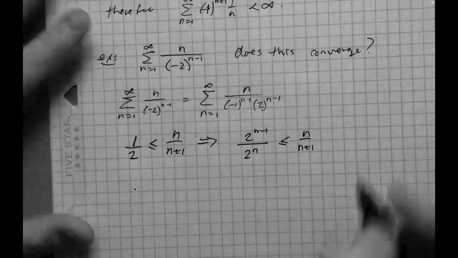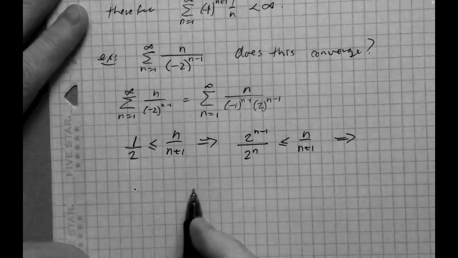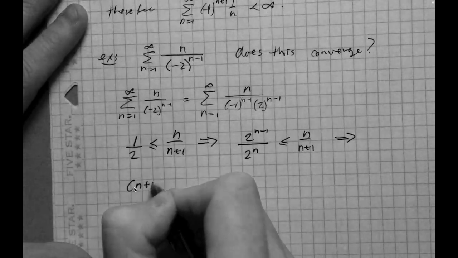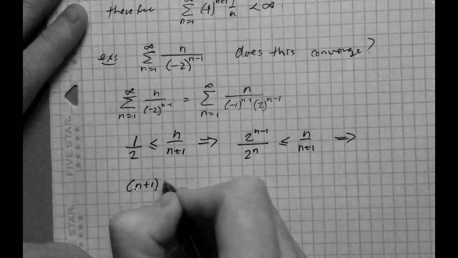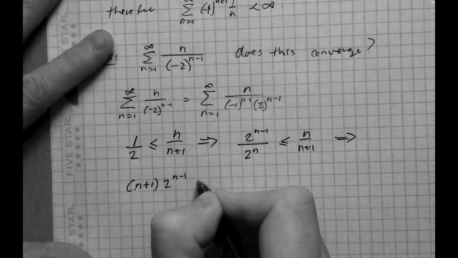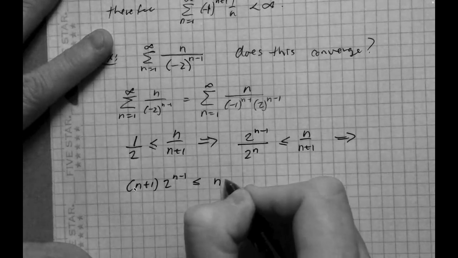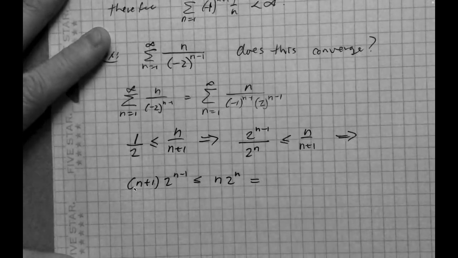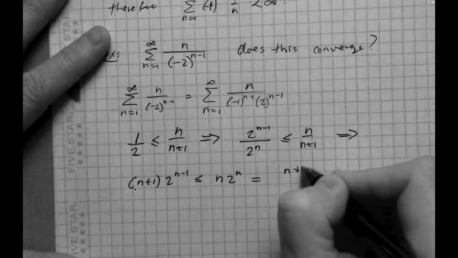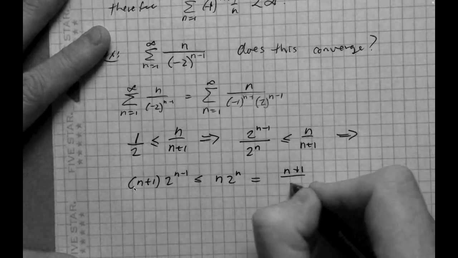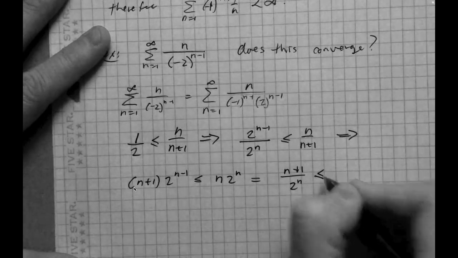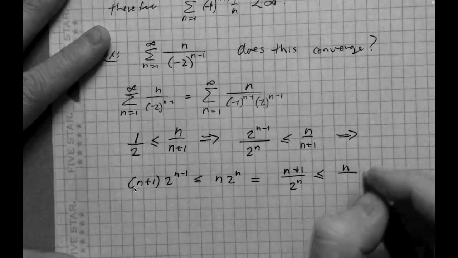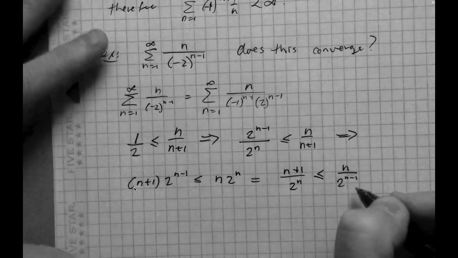Okay, we can do a little algebra on this, and we can see clearly that n plus 1 times 2 to the n minus 1 is less than or equal to n times 2 to the n. And then from this it quickly follows that n plus 1 over 2 to the n will be less than or equal to n over 2 to the n minus 1, right?